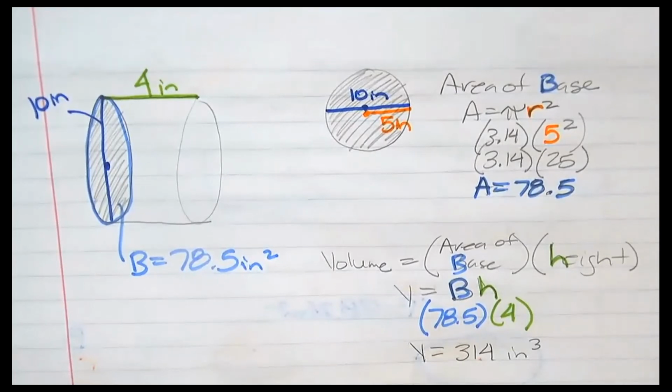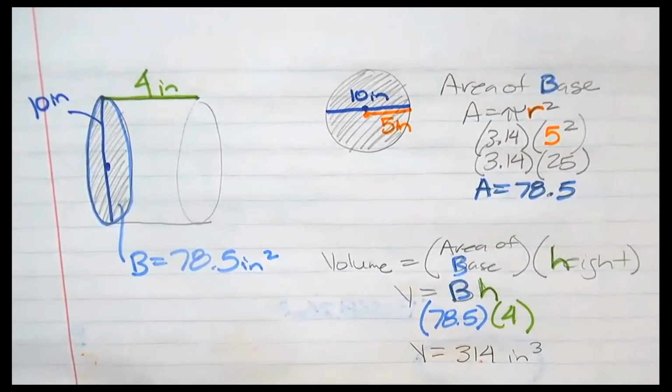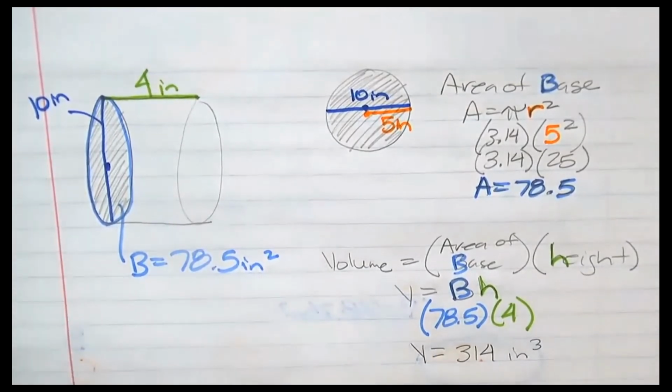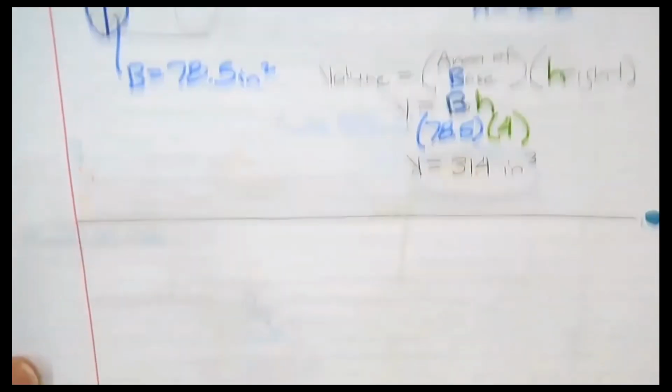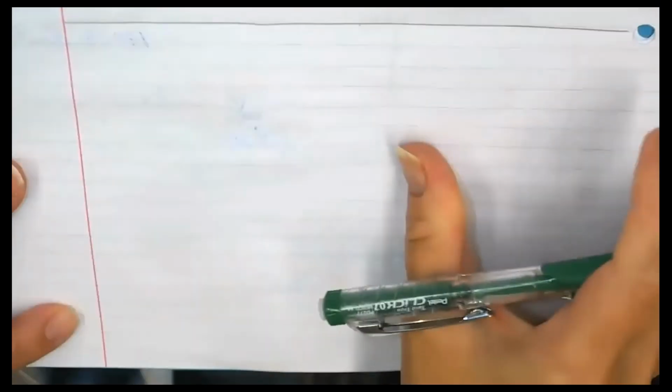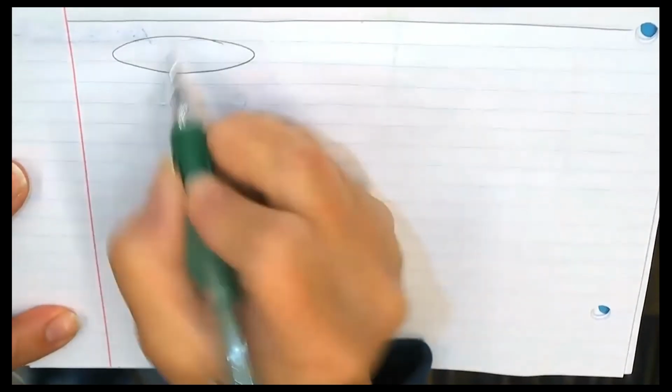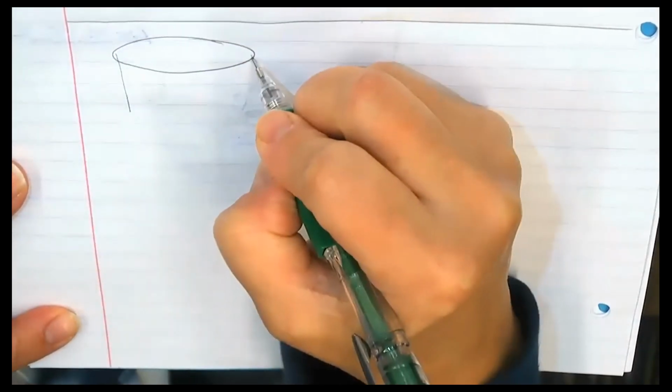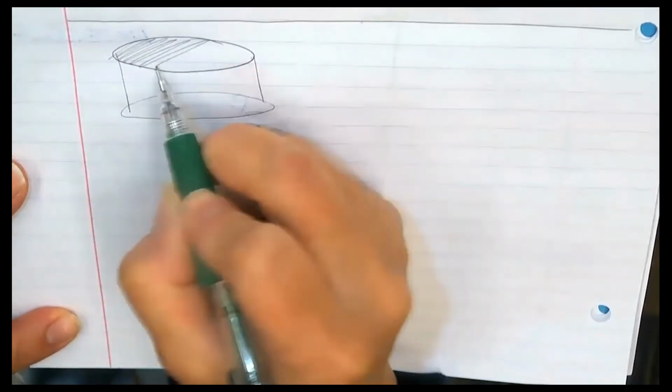Okay. But life doesn't stay that simple, because sometimes they like to do this to us. They're going to give us a cylinder that looks like this. Here's my base.